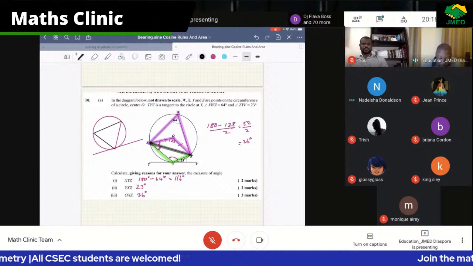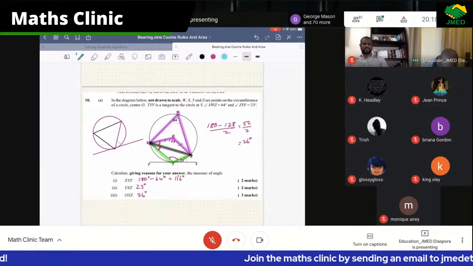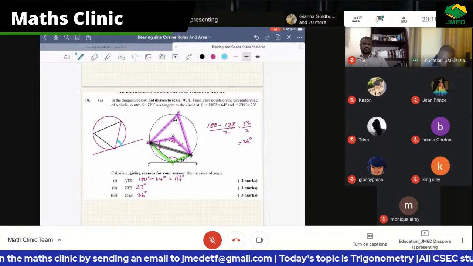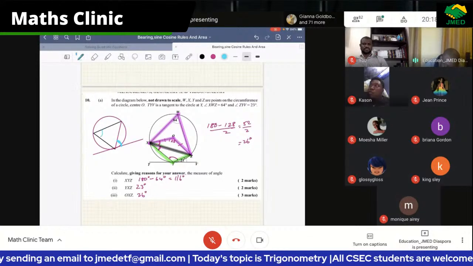Now, what I am saying to you is that this angle on the outside, between the chord and the tangent, whatever angle that is would be equal to this angle inside here.